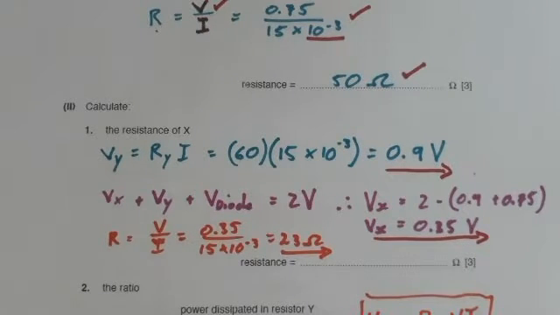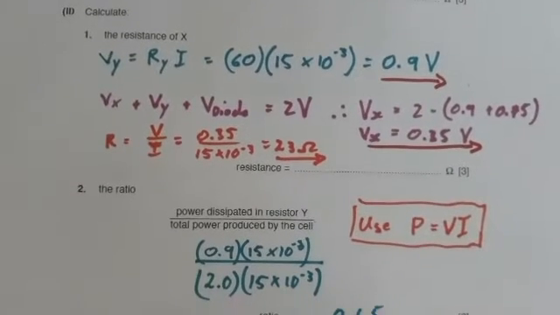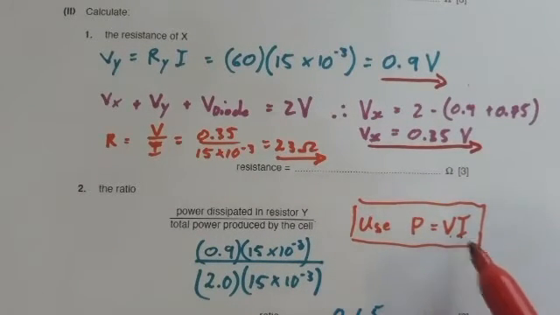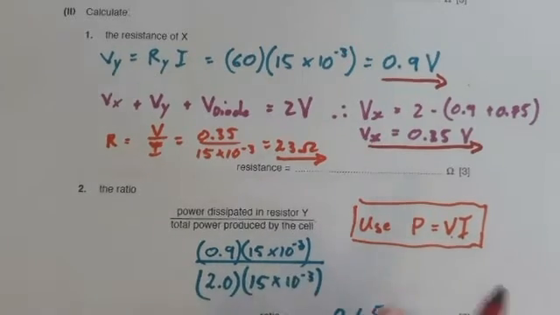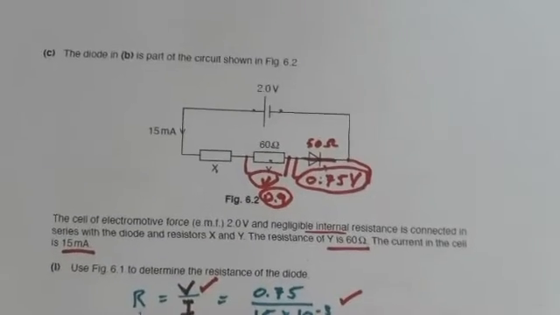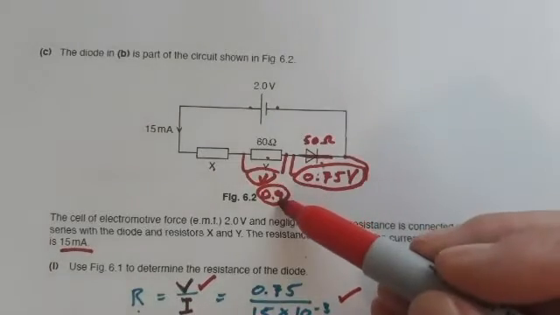Looking at the ratio for power dissipated, power is VI. We've got the potential difference and the current for resistor Y. It is 0.9 volt, and the current we already calculated.